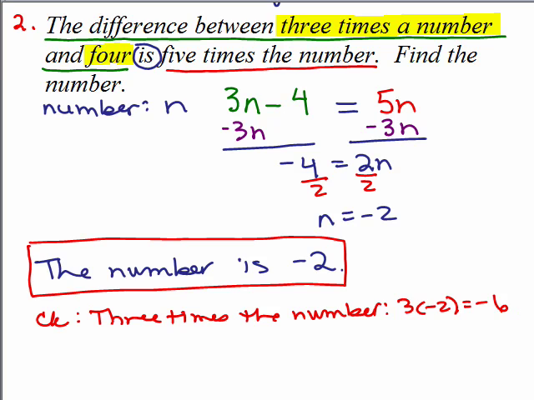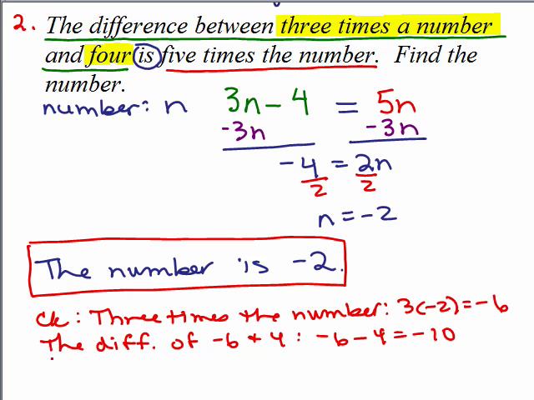We're going to do the difference of that and 4. The difference of negative 6 and 4 would mean you subtract, which is negative 10.